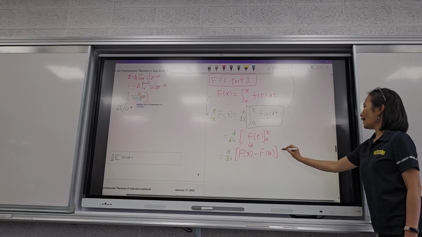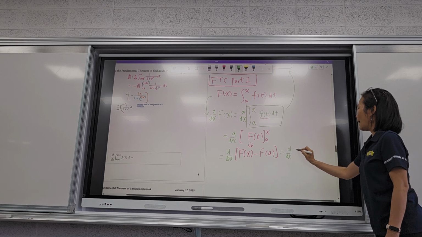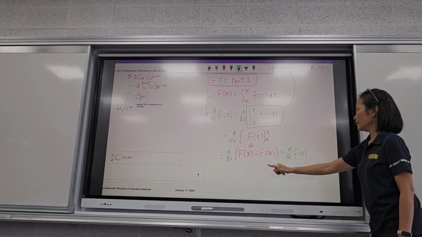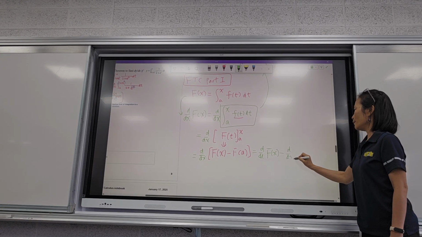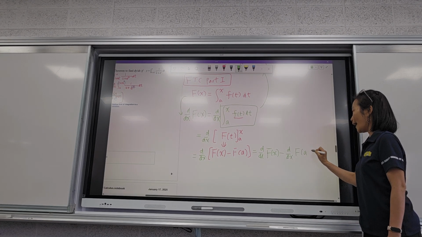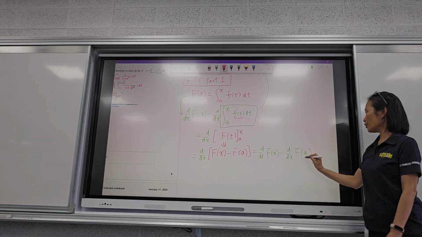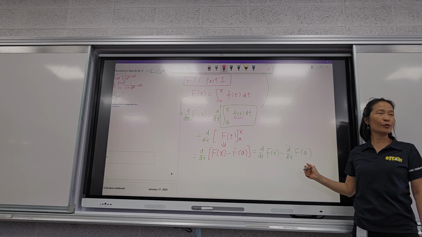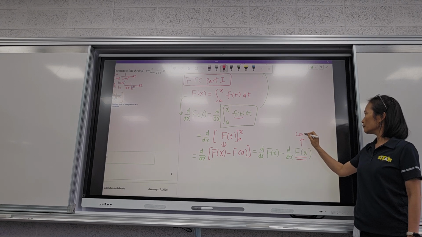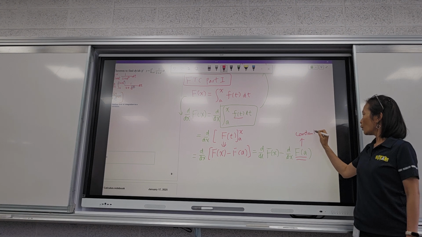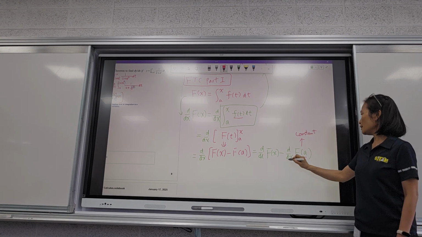That gives us the derivative of F of x, separate them, subtract the derivative of F of a. If you have a function and you substitute a number into it, isn't this a number as well? What is the derivative of a constant? 0. So this is gone.